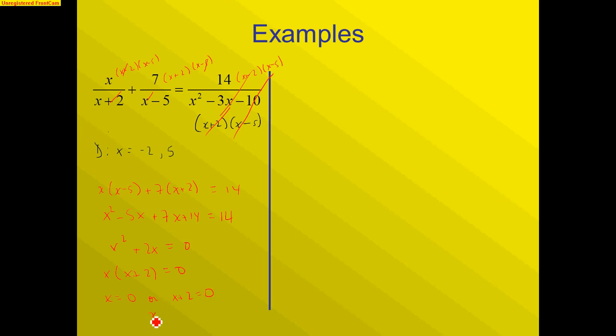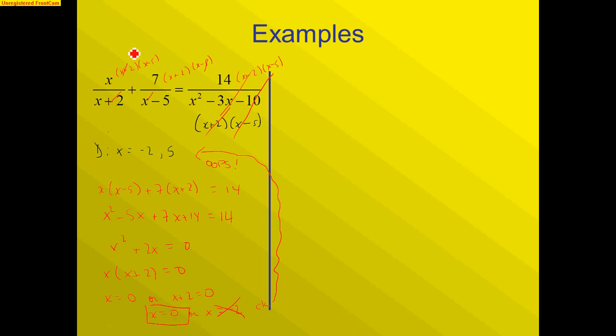And note that x is equal to 0 or x is equal to negative 2. But now I need to check back here at my domain and say, oops, guess what? X is not allowed to be negative 2. So my final answer is 0.